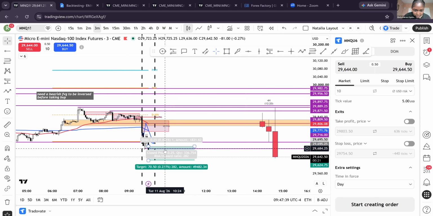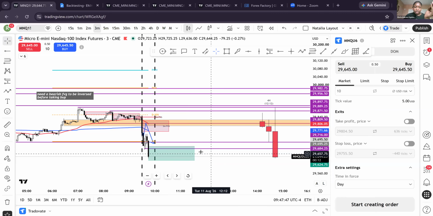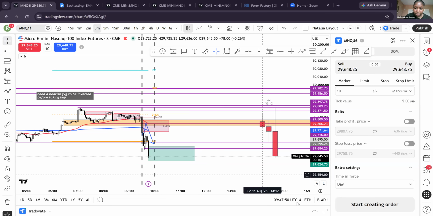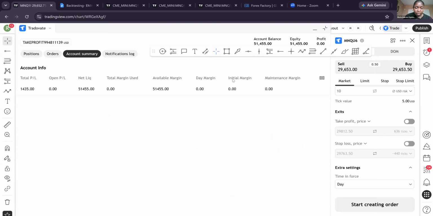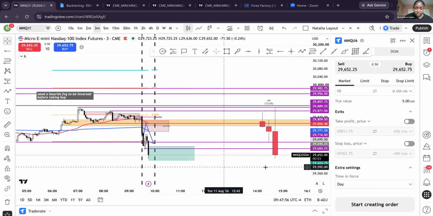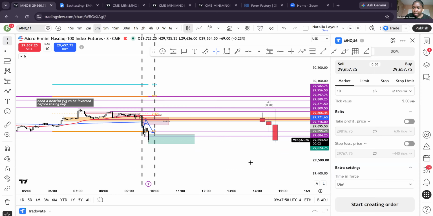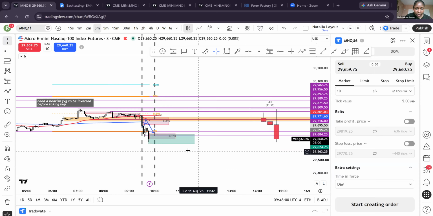I don't know why I'm having a moment. Why does this look weird? Risk to reward is saying 282. This looks so weird. I could have made $1,500, but my goal here is, I don't know what happened actually. It was just so fast.